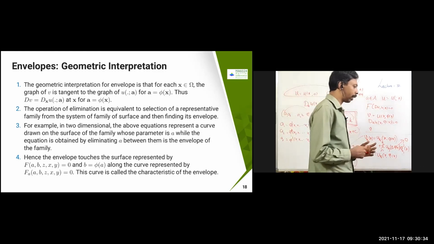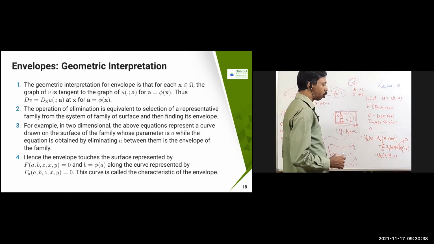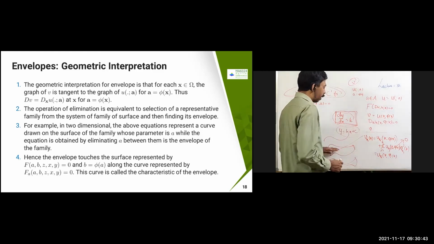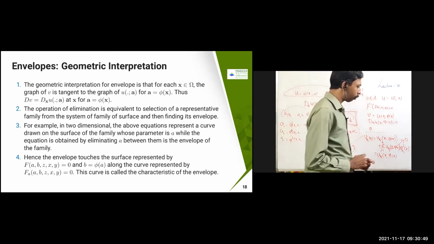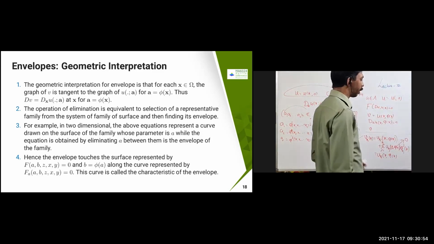In the two-dimensional case, this is going to be the surface of the family whose parameter represents a curve drawn on the surface. That is going to represent the family of surfaces, the family whose parameter is a. So therefore, the envelope touches the surfaces.